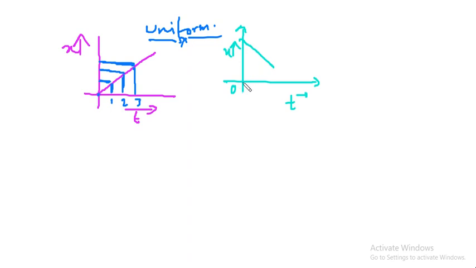So when time was 0, it was some distance away from the origin, and as time is increasing, x is decreasing. When time is 1 unit, x is a little less than that. Initially it was there, but after 1 unit of time it is there. Okay, so x is reduced.